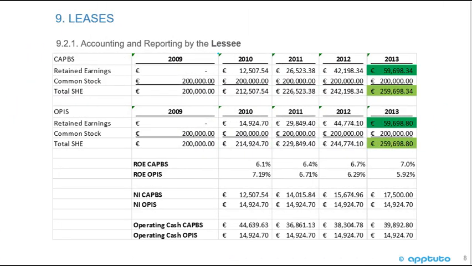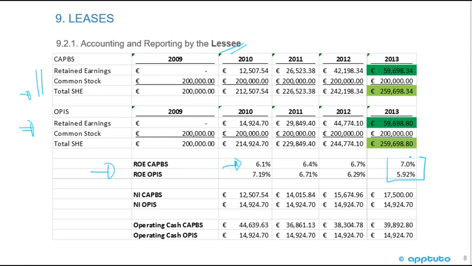And finally, from the point of view of the lessee, we're going to look at the retained earnings, common stock, and shareholder equity between a finance lease and an operating lease so that we can calculate the ROE, okay? And as we said, the ROE on a finance lease is less in the early years, but more in the later years.